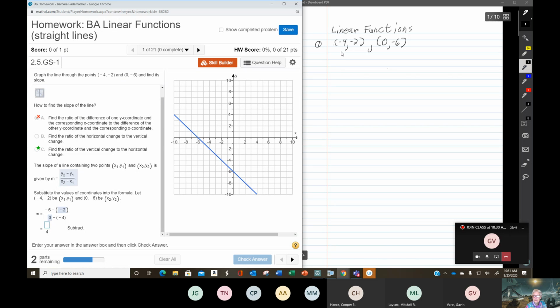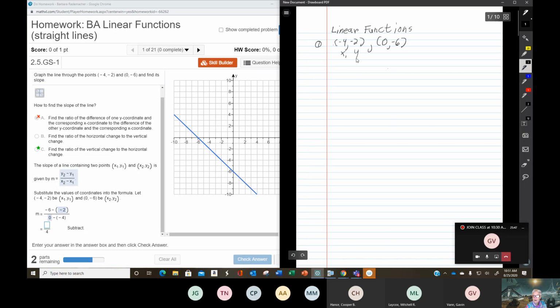If I'm going to let this be x1 and y1, and this be x2 and y2, and I'm using the formula, let's write over here, m equals y2 minus y1 over x2 minus x1, and that gives me -6 minus -2 over 0 minus -4.